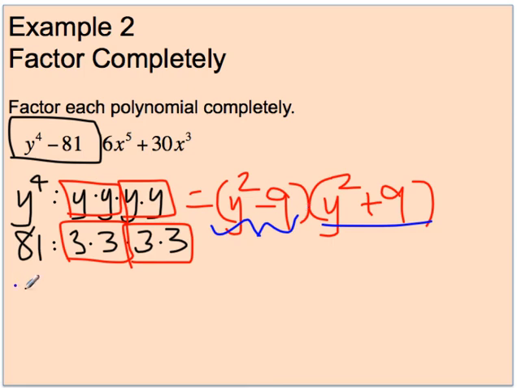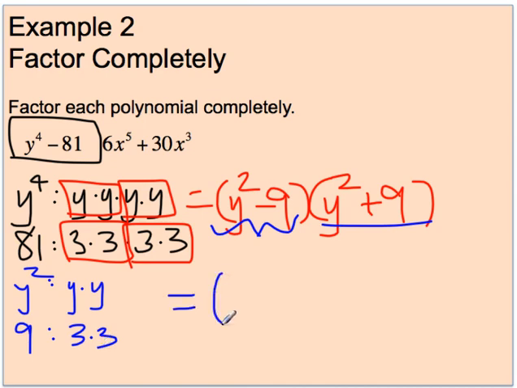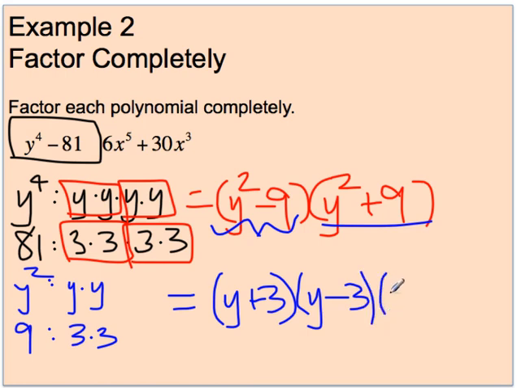So now we have y squared and 9, which can be written as y times y and 3 times 3. So our complete factorization of this first question has y plus 3 times y minus 3 times y squared plus 9.